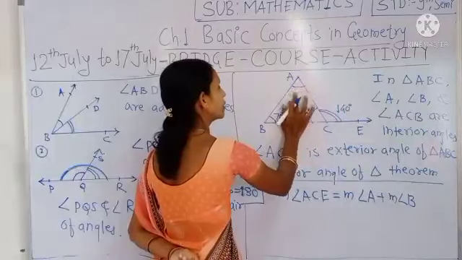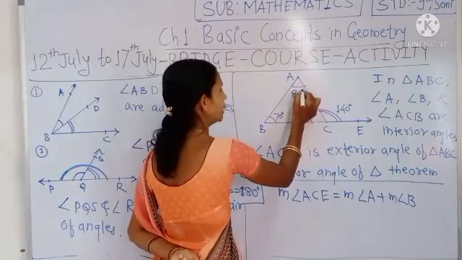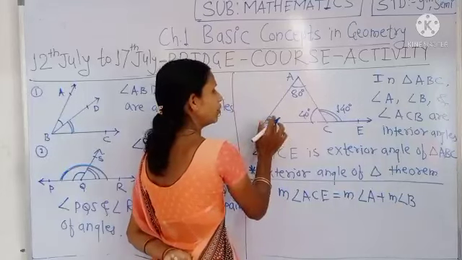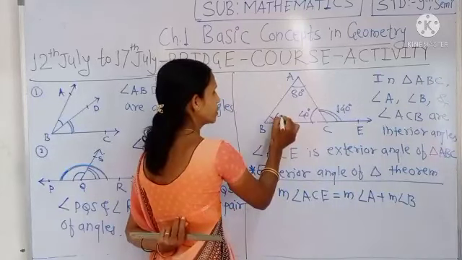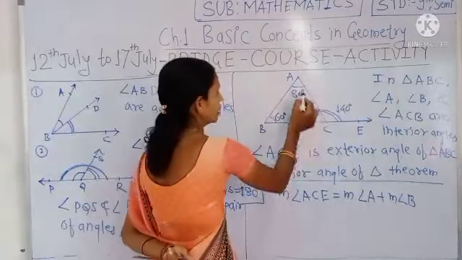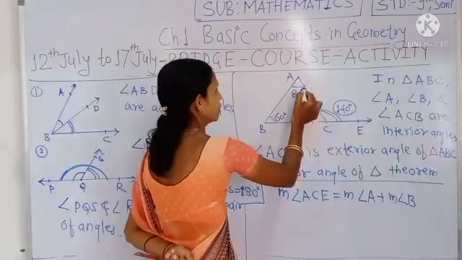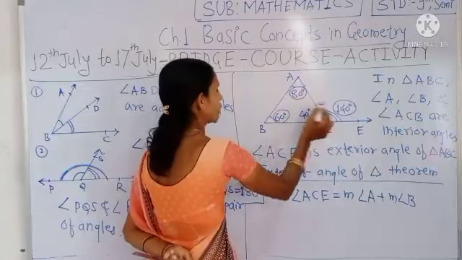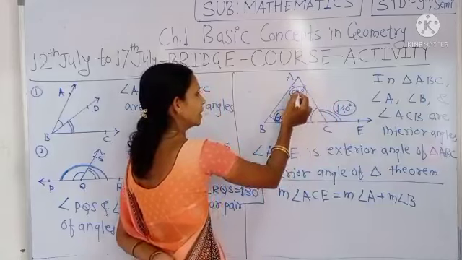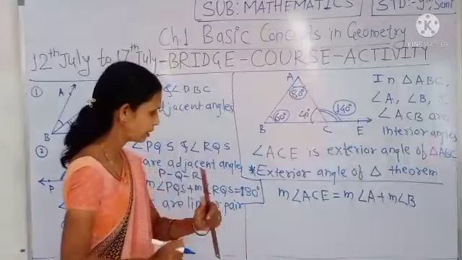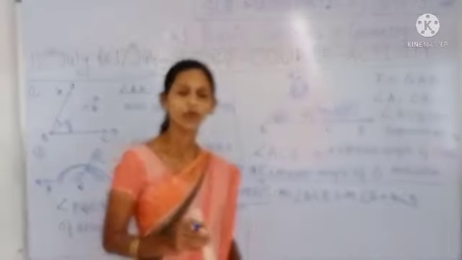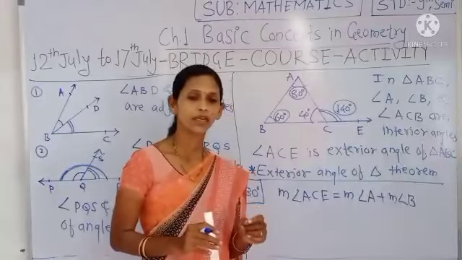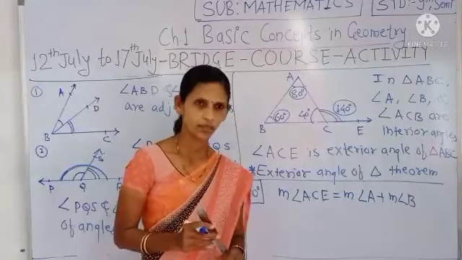Or here if angle A is 80 degree, then angle B is 60 degree. And focus here, the measurement of external angle is the sum of its remote interior angles. That is about the exterior angle theorem of triangle.